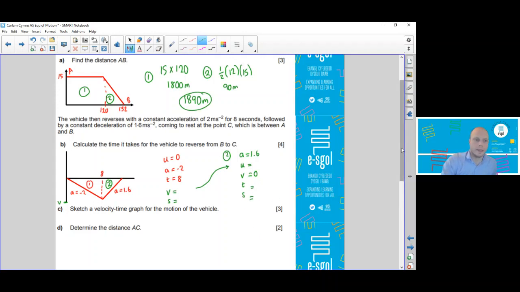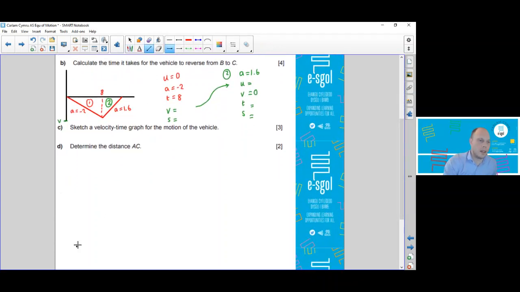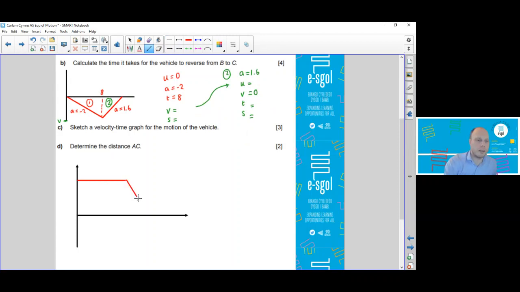Now then, what you need to do down here, if we put all this together, I'm going to put the 2 graphs together. So from the first part, we've got our constant velocity slowing down to rest. We did that one in part A. Then you've got part B where it reverses, and then still reversing but decelerating, goes back to 0.